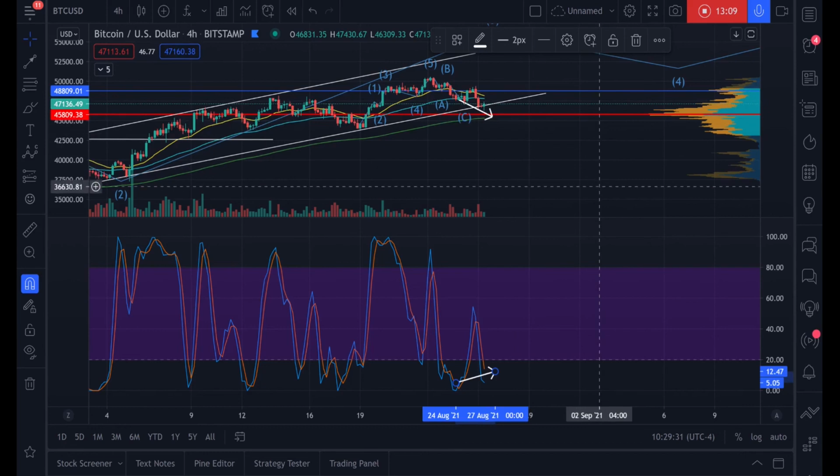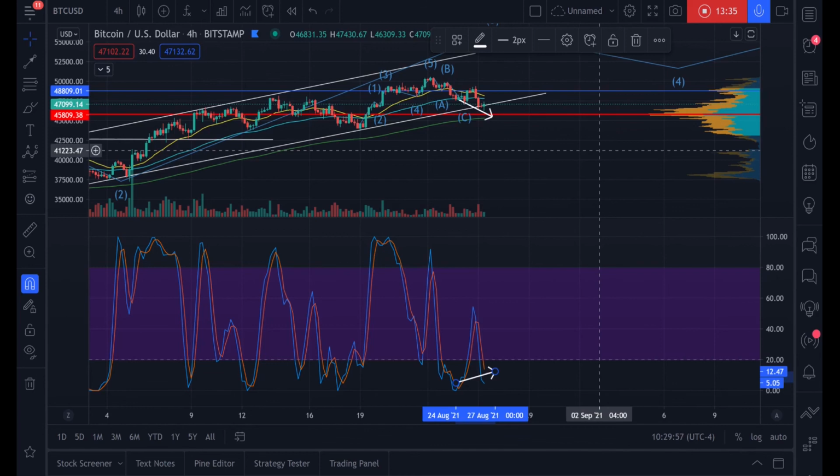And if we do correct, I think that we have support, as I said, around 45.5, as low as 44 to 46, basically. We have support between 44 and 46. So I don't expect a heinous drop.